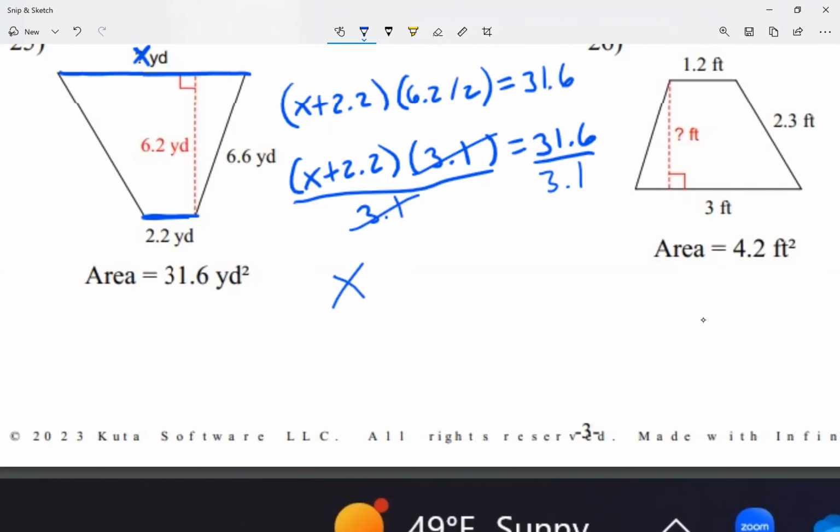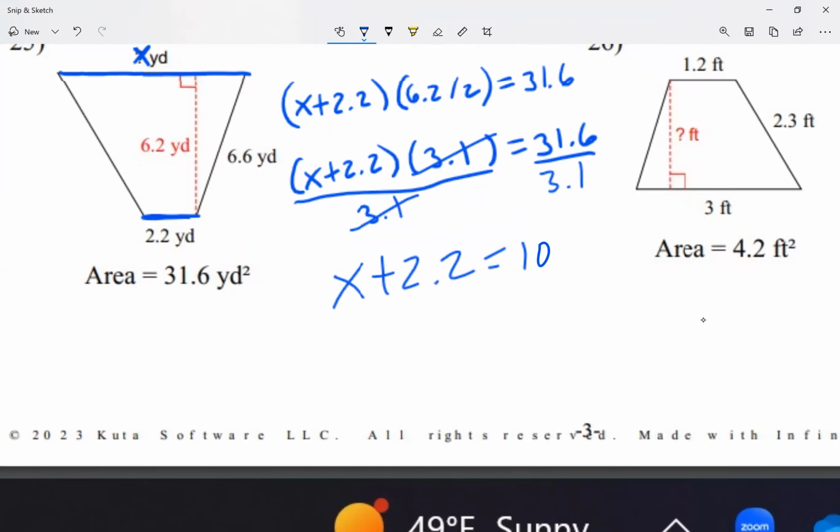So I get that x plus 2.2 is equal to, now 31.6 divided by 3.1 is a big number, 10 point, and then according to my calculator is 0.1935484. Now let me go minus 2.2. Notice how my 2.2, I moved it over.